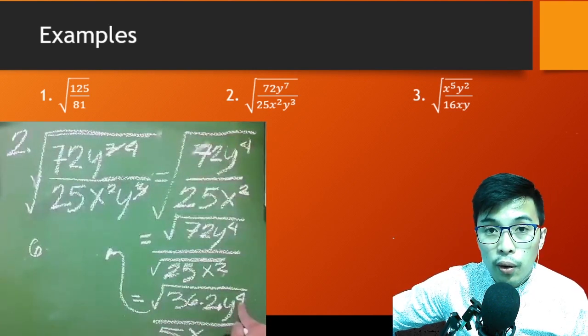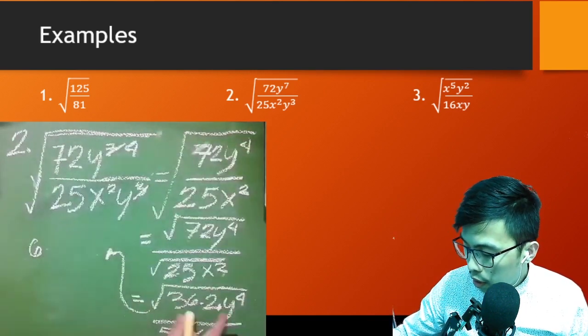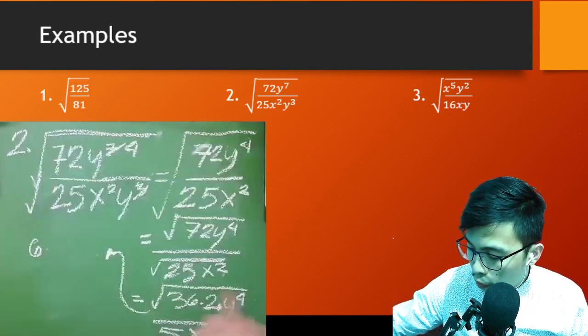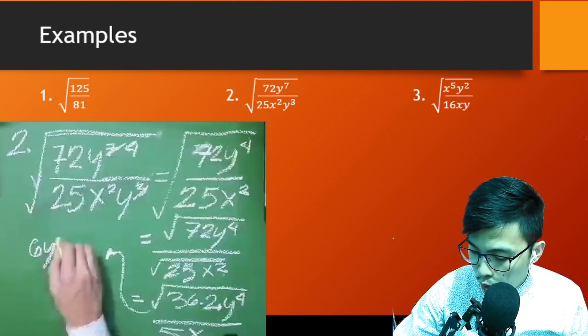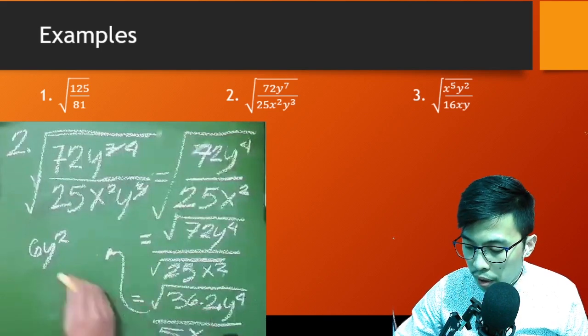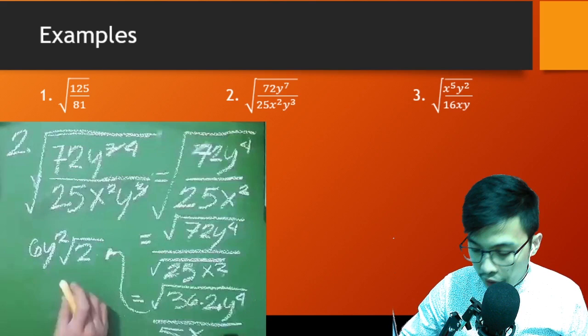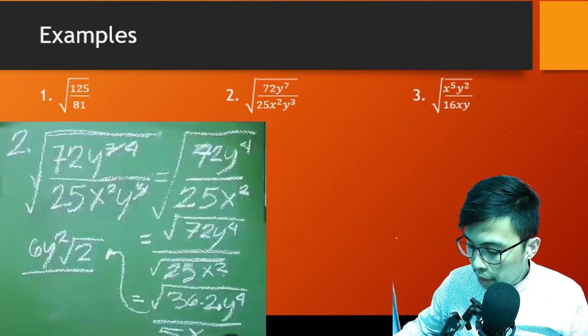y raised to the power of 4 is a square number. So the square root of y raised to the power of 4 is y raised to the power of 2. The 2 here is not a perfect square, so it will remain inside the radical. Okay, so over, again, copy this 5x.